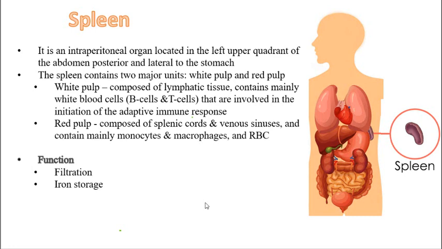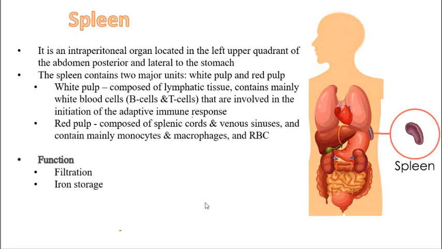Once macrophages phagocytize them, they will break down those red blood cells and separate the iron and amino acids from the red blood cells. When macrophages take this iron, they will do one of two things.